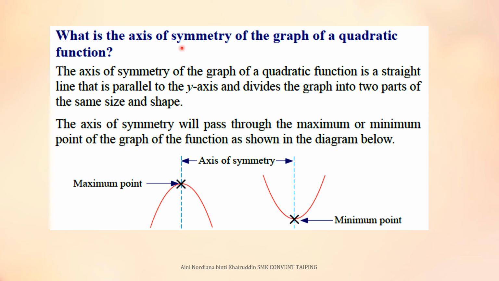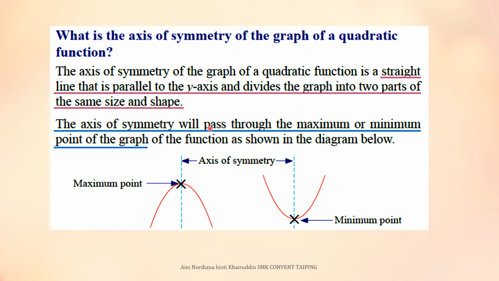What is the axis of symmetry of a graph of a quadratic function? The axis of symmetry of the graph of a quadratic function is a straight line that is parallel to the y-axis and divide the graph into two parts of the same size and shape.